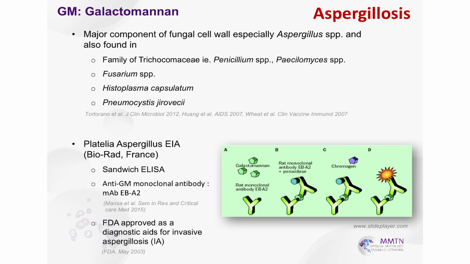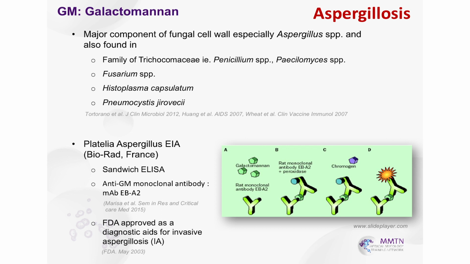But unfortunately, recently galactomannan has been a monopoly of one company. But right now, they have one in China that can give quantification, up to the nanogram or picogram, but I'm not sure about that. And the major component has cross reactions with Penicillium, Paecilomyces, Fusarium, Histoplasma, and Pneumocystis.